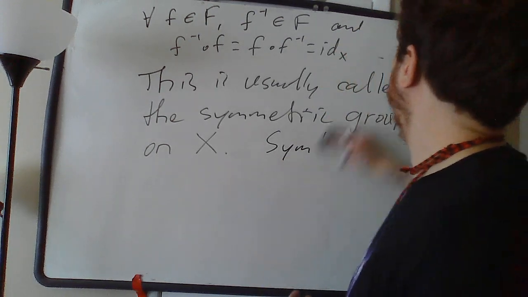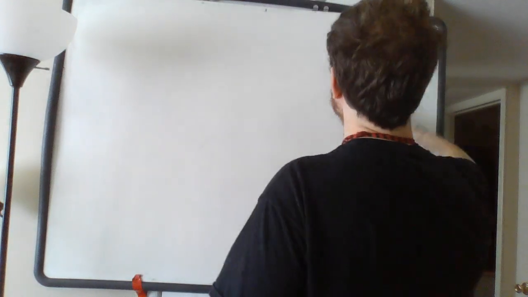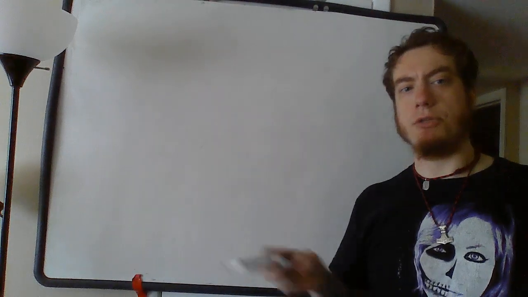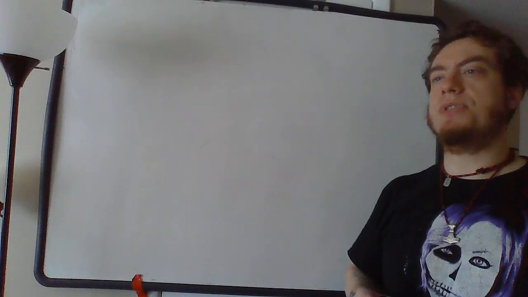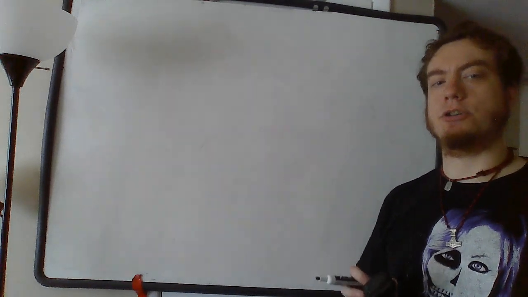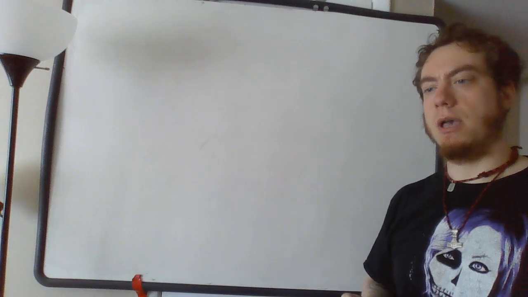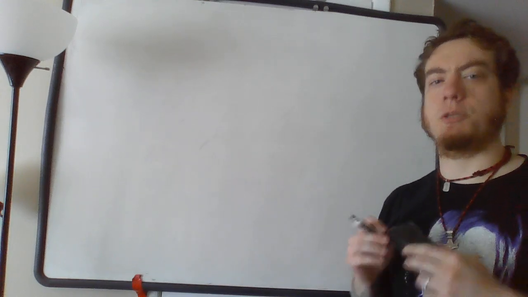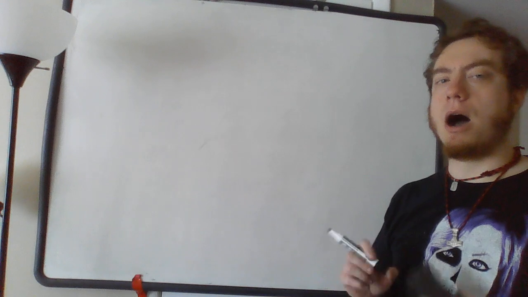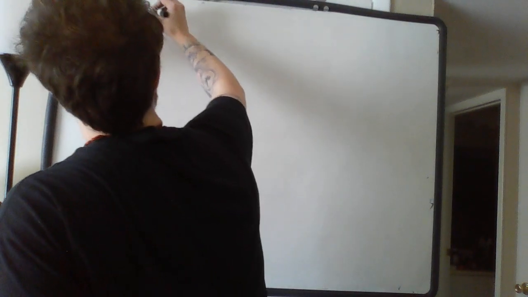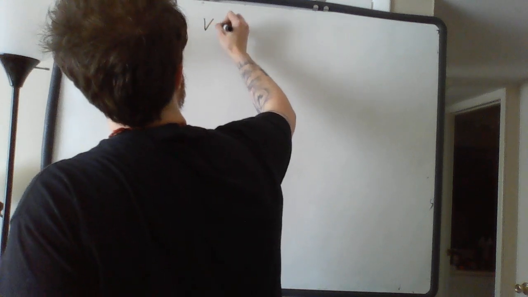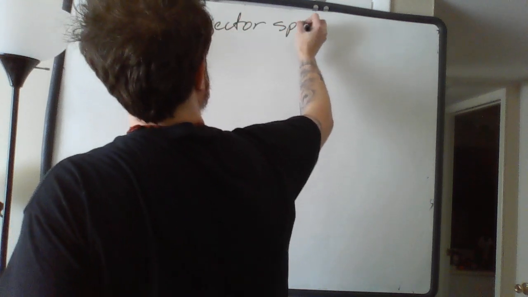But one of the nice points about groups is that they also encapsulate the behavior of a lot of stuff that isn't just all the bijective functions. We can say, what if we want to consider just bijective functions which preserve some special structures on our set X? So maybe instead of taking just a set, let's suppose that V is a vector space.